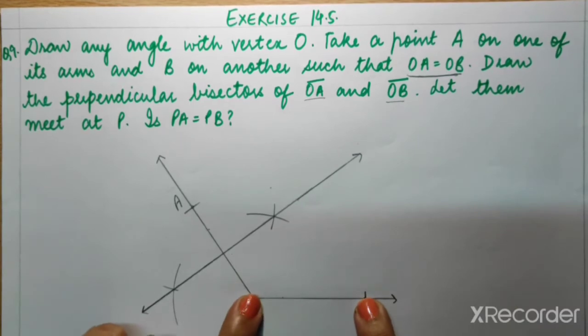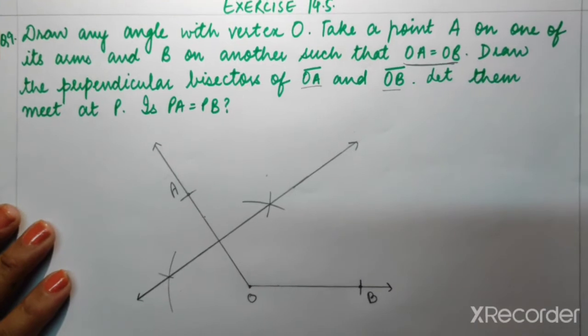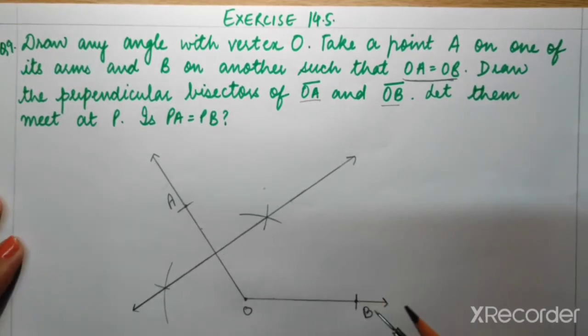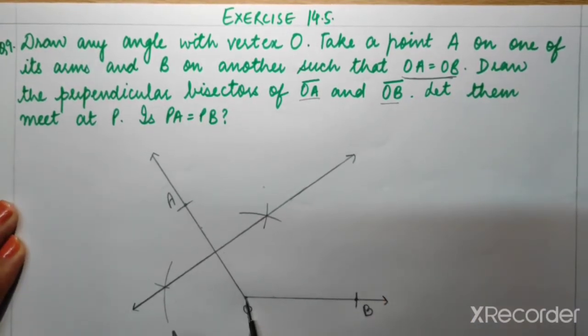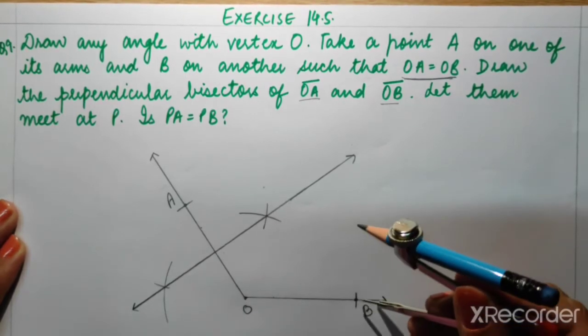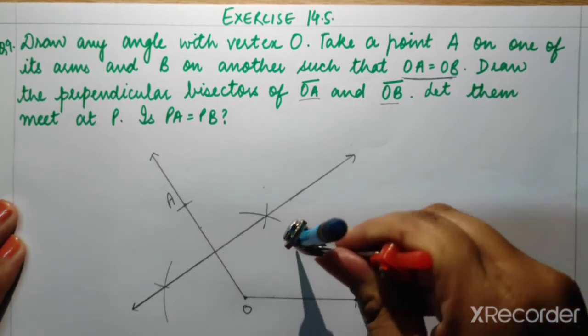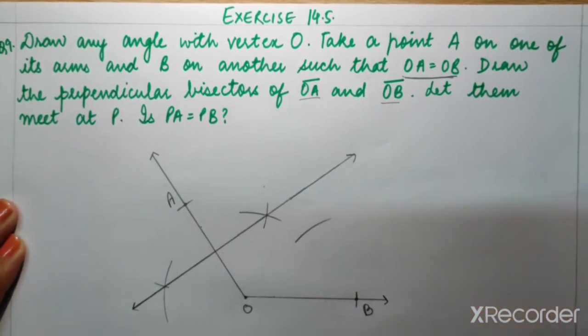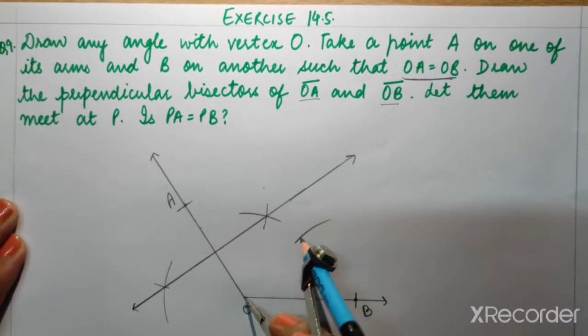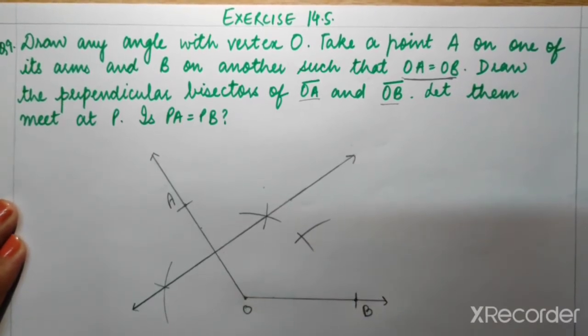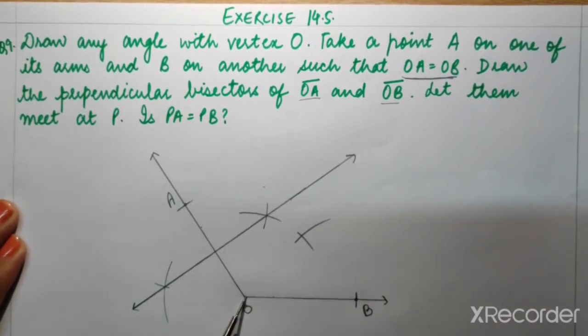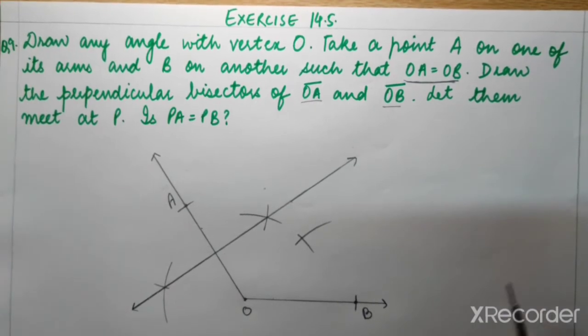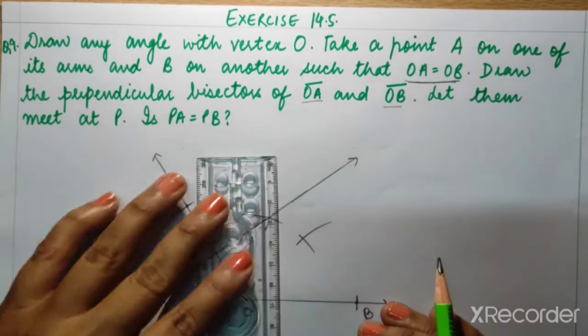Now this is the length from here to here. These are the two endpoints from where you are going to draw the two arcs. Here is the point O and here is the point B. So let's draw two arcs from point B and two arcs from point O. Now let's draw the perpendicular bisector of OB also.